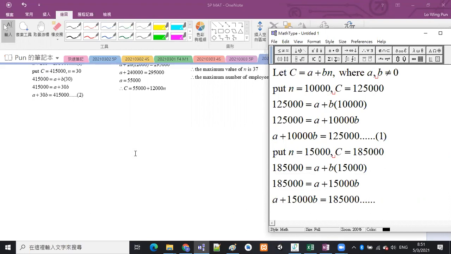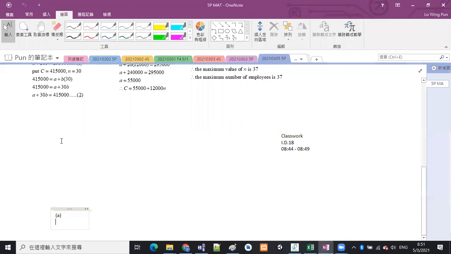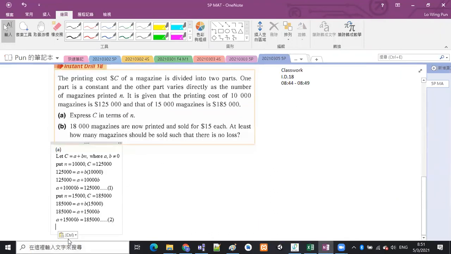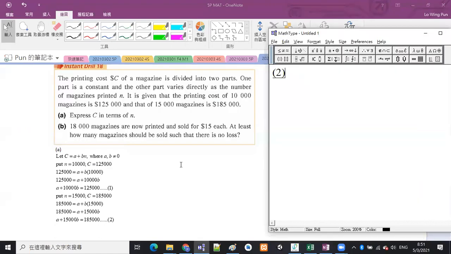Label this to be equation 2. And then let me paste to the OneNote first. Okay, and notice that from equation 1 and equation 2, we have the A terms being exactly the same. Okay, so we are going to do the subtraction on the equation. Equation 2 minus equation 1 to cancel out the A terms.